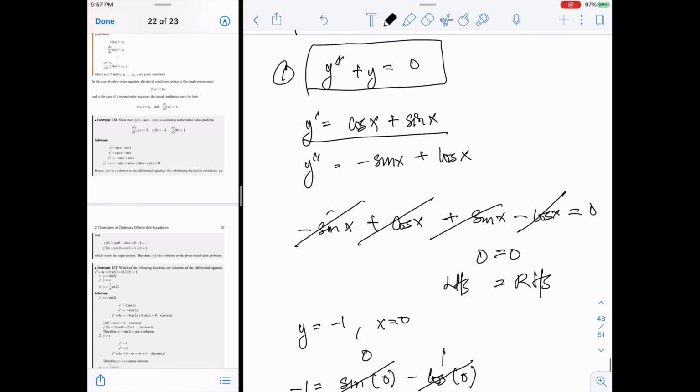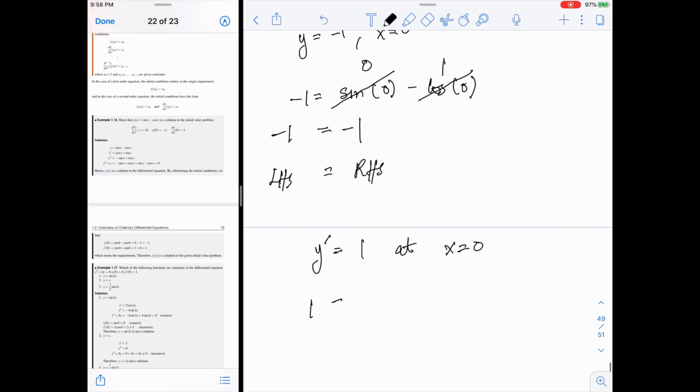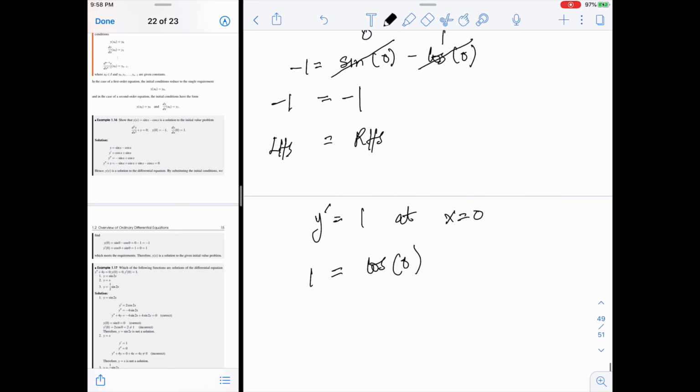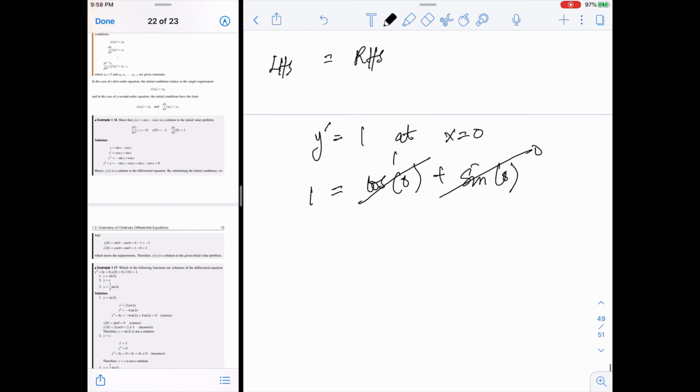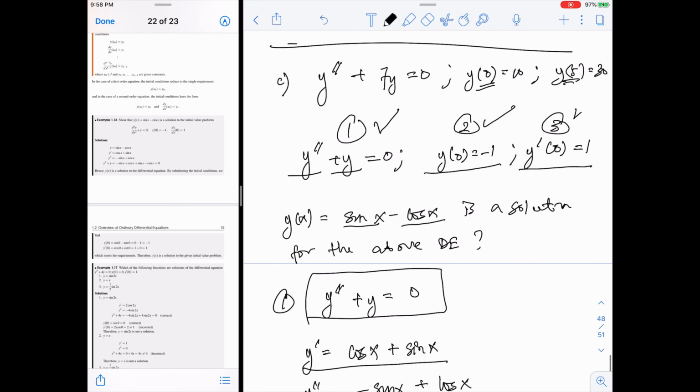Okay, we turn back over here, we have y prime is equal to cos, and then your x is equal to 0, and then we have a plus sine 0 over here. So you will check this one is equal to 0 and this one is equal to 1. So your 1 is equal to 1, your left hand side here is equal to the right hand side. So that means your condition for the third one is also correct.